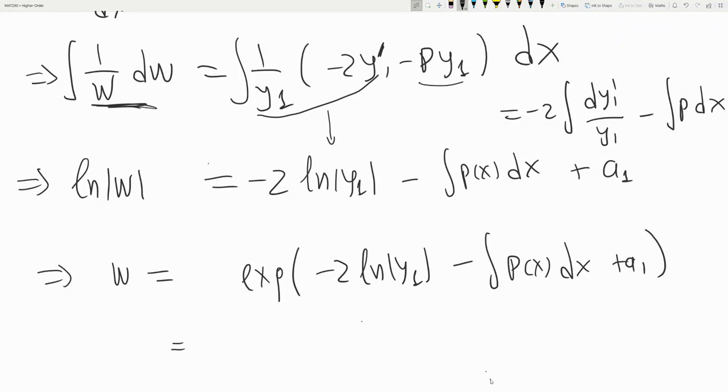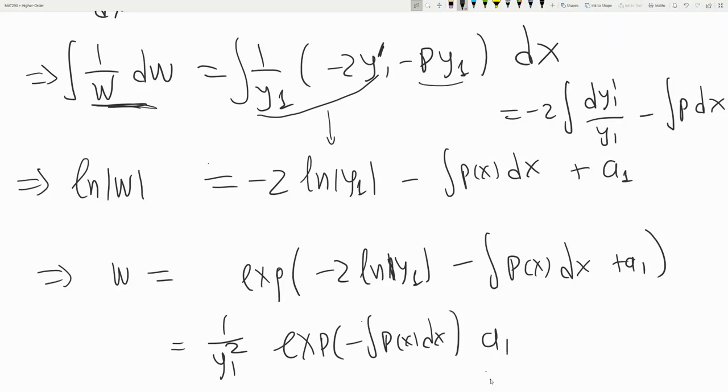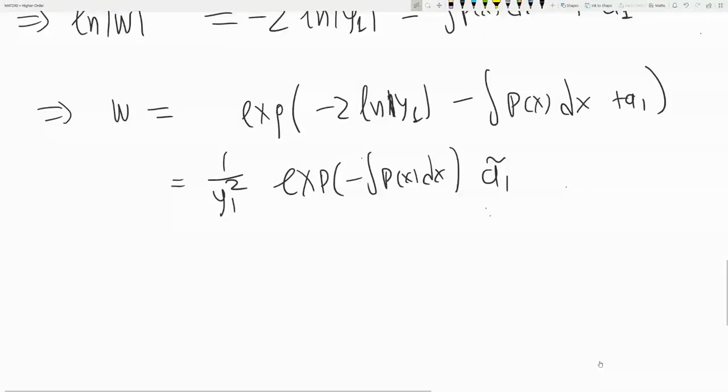So this is log. So we get 1 over y1 squared. This one stays as it is. And this one is a new constant, a1 tilde.